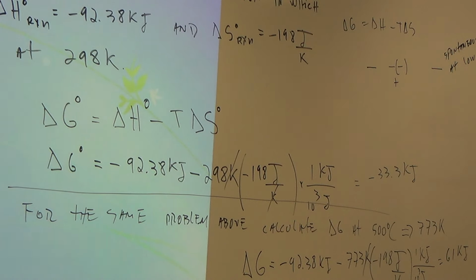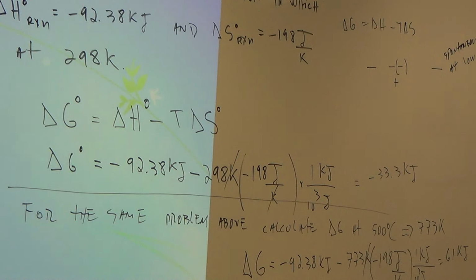Questions about this, guys? All of the questions I have now on the board are on the test. How would it be worded on the test? Those questions where they give you if it's exothermic or endothermic, and then give you the entropy. How would it be worded?